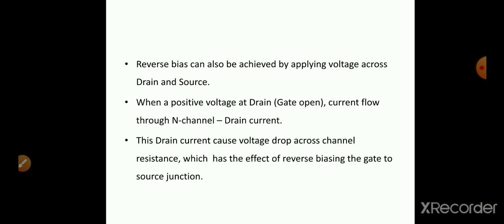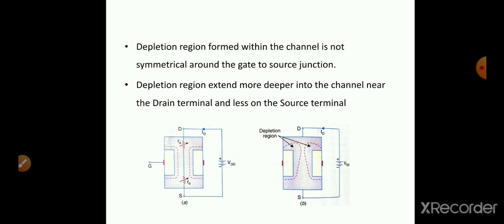When a positive voltage at the drain is given, current flows through the N-channel. We call this current the drain current. This drain current causes a voltage drop across the channel resistance. The channel has some particular resistance, which has the effect of reverse biasing the gate to source junction. In this figure, the channel has resistances RA and RB.